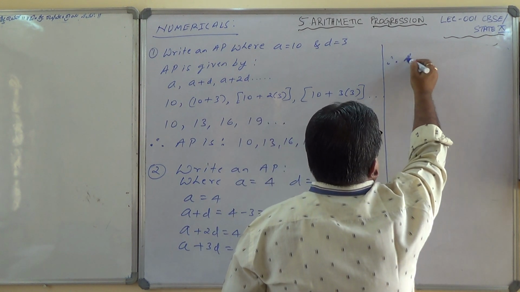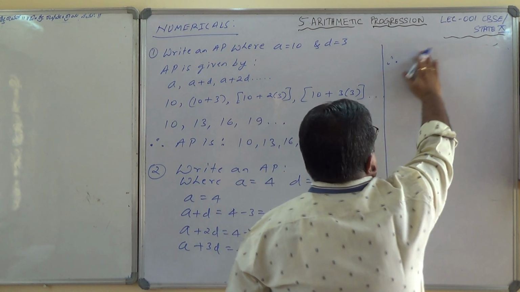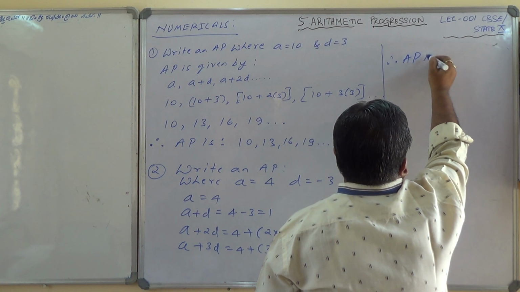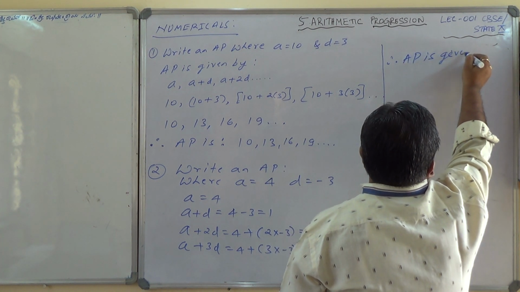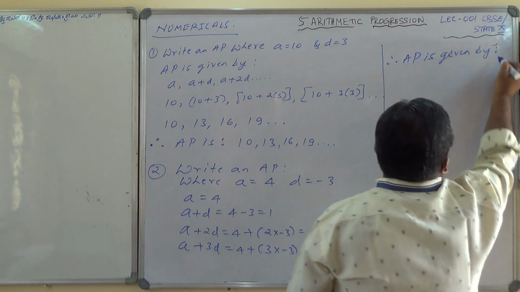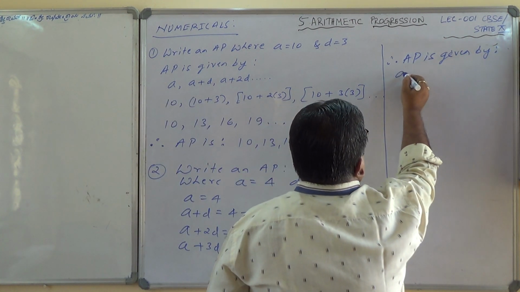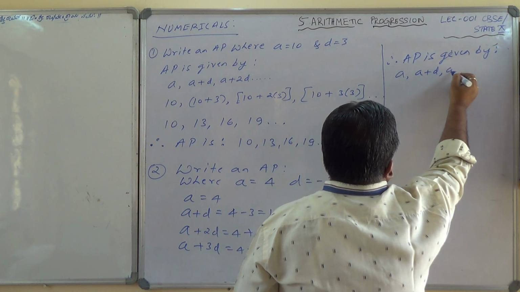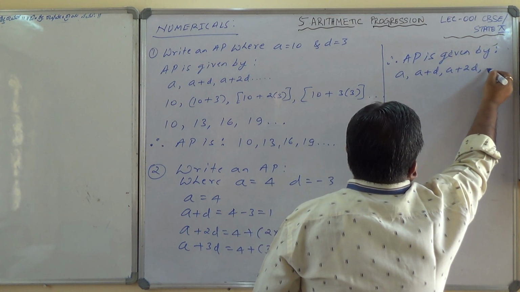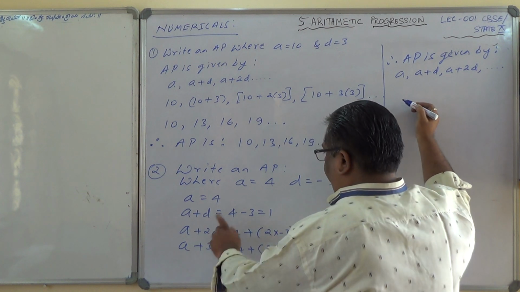therefore AP is given by, let us see what is that AP is given by. A plus D, A plus 2D dot dot dot. So what is A here? 4.